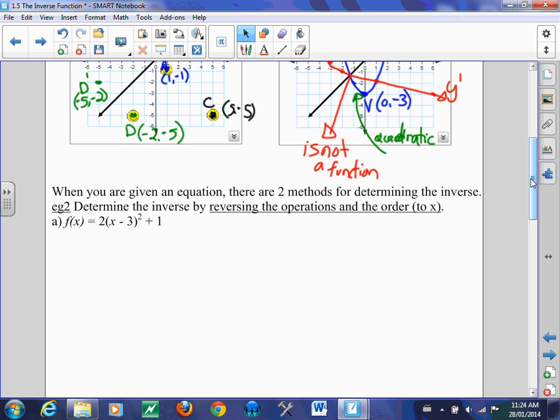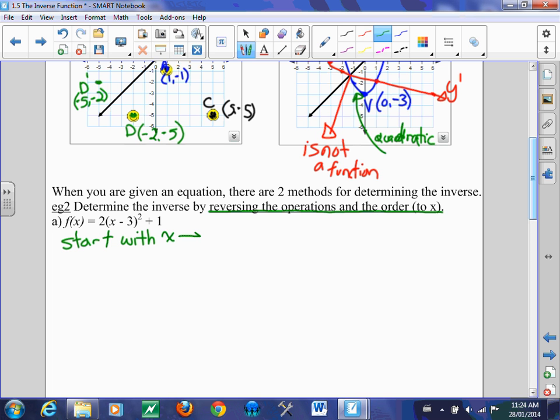All right. When you are given an equation, there are two methods to determine the inverse. Okay? So here's method one. What we're going to do is find the inverse by reversing the operations and the order. Okay? So based on this expression, let's start with x. Now what do we have to do to x?